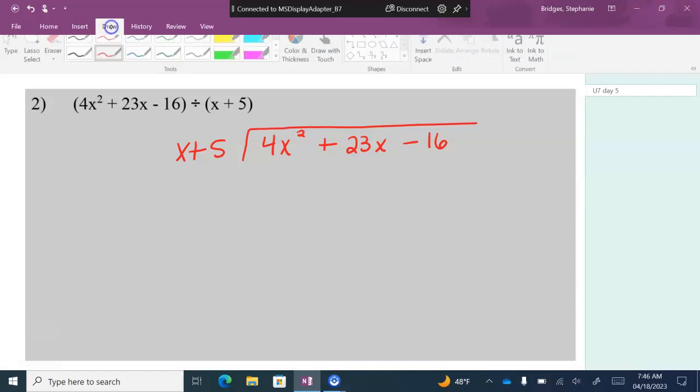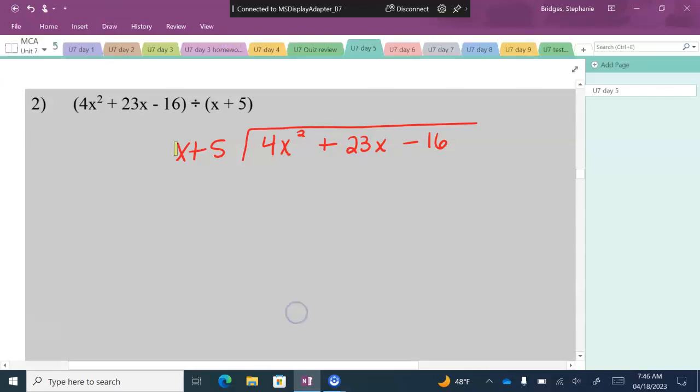And then again, we focus on the first terms only. What do I multiply x by to turn it into 4x squared? 4x. Okay, so that's going to go at the top. Then we're going to take that 4x and multiply it by both the x and the positive 5. 4x times positive 5 is a positive 20x.